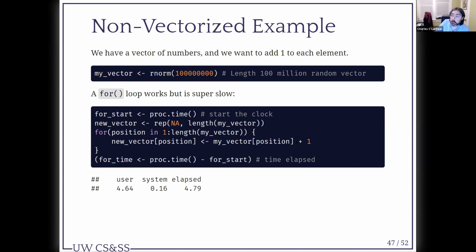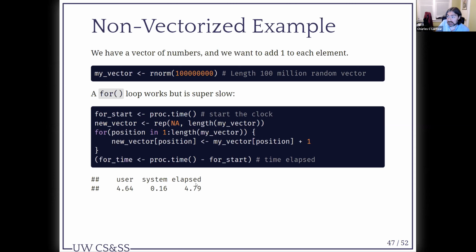This is a really clunky way to add 1 to each element of my vector one at a time. Okay, this took about 4.79 seconds to run on my desktop computer. So adding 1 element at a time, 100 million times, took nearly 5 seconds.